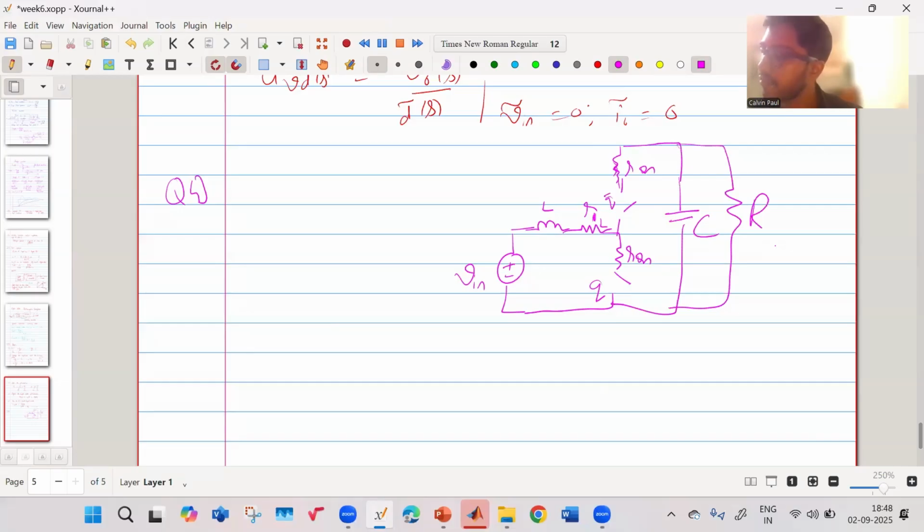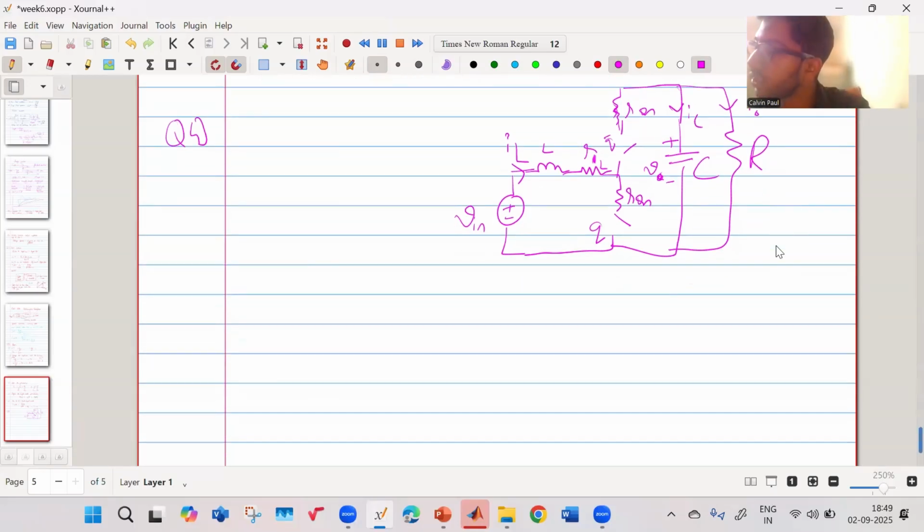Then we will proceed with the same steps which we just saw in the previous question. This is my inductor current direction. This is my capacitor voltage or output voltage, same thing, V0. And this is my IC. This is my I0.